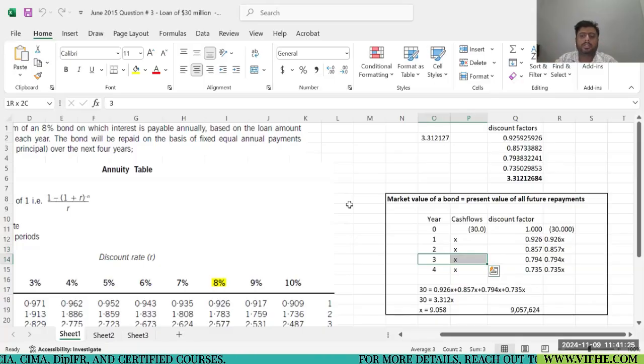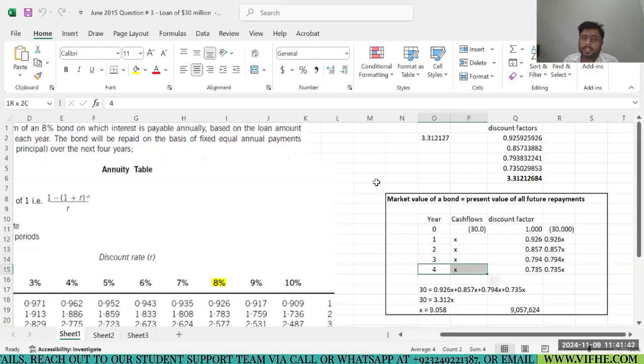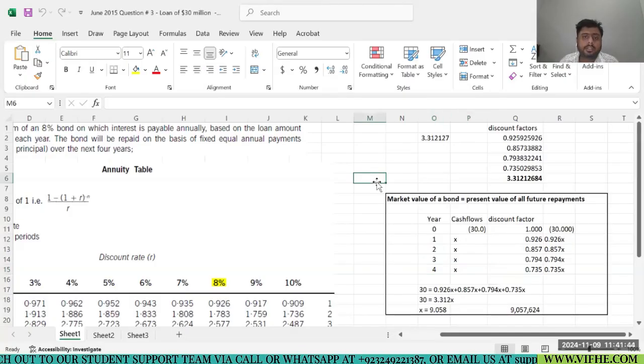And the fourth amount will also include a component of interest and a component of principal. And the entire principal will be repaid regularly during this journey of 4 years. So this is something very different. Again, this has not been tested in recent times, but yes, it has been tested in the old past papers and is part of your course area.